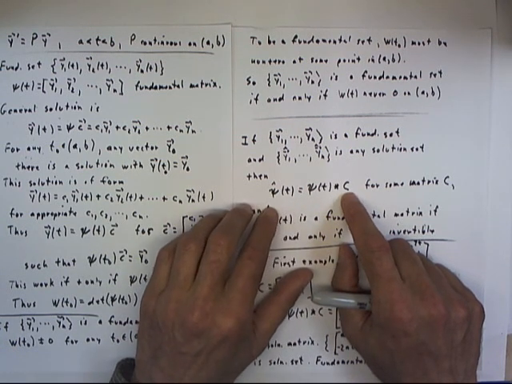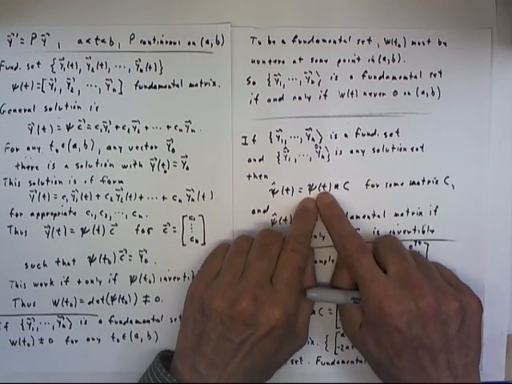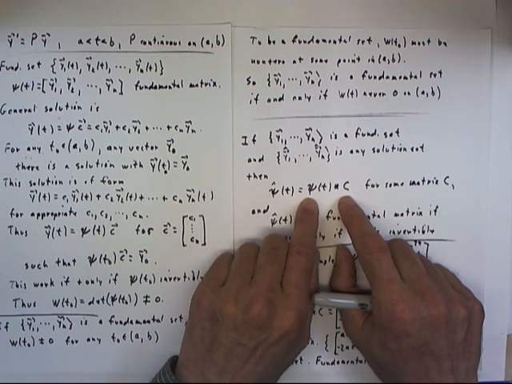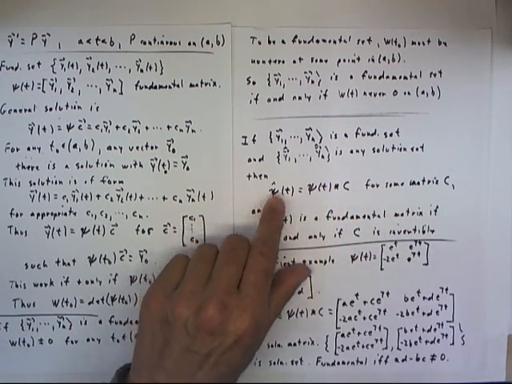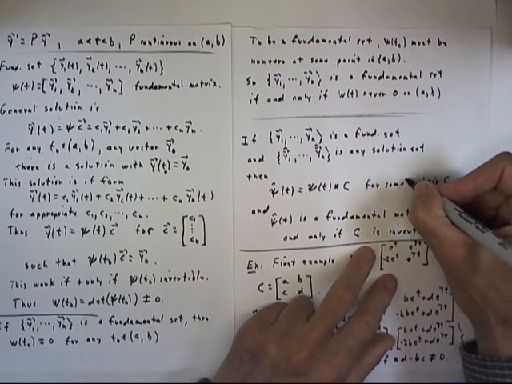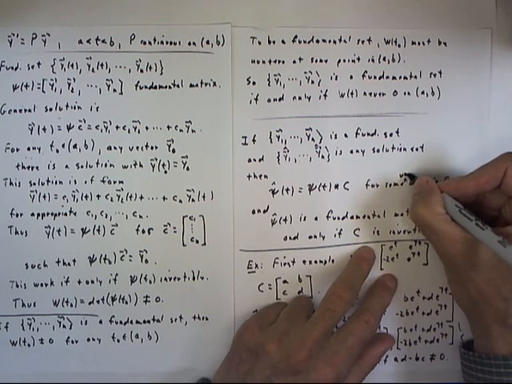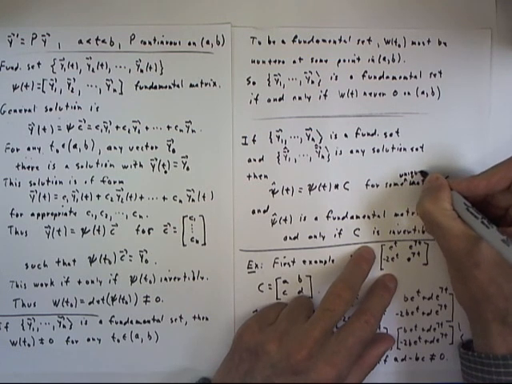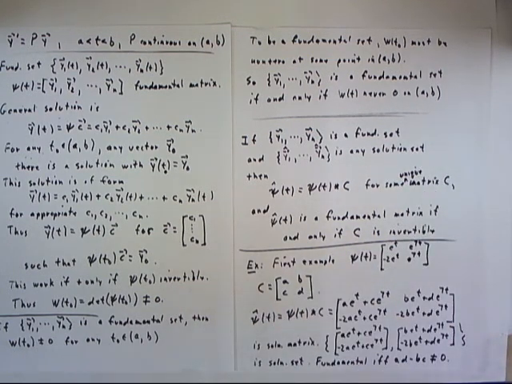That is, there exists a matrix C such that the psi matrix can be multiplied on the right by the C matrix to give us the psi hat matrix. And I can even put a stronger word in here. This matrix C is unique. There's just one such matrix.